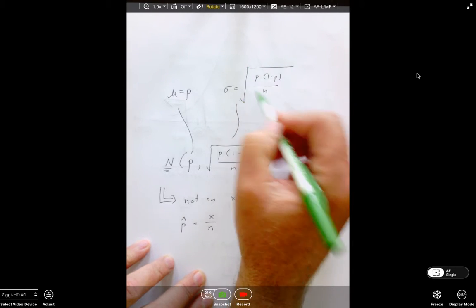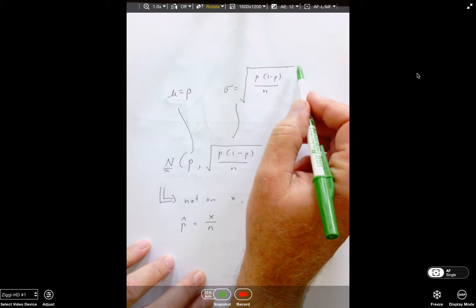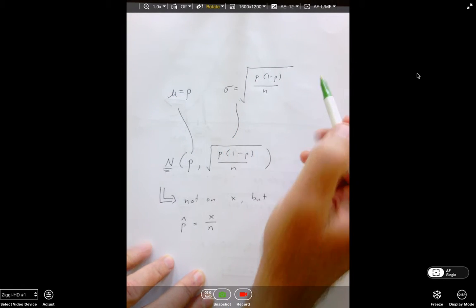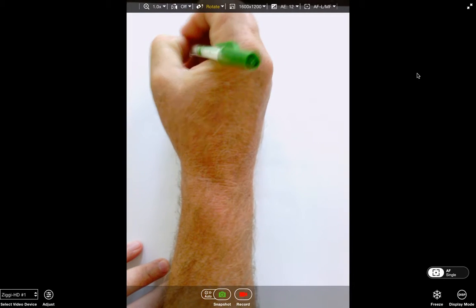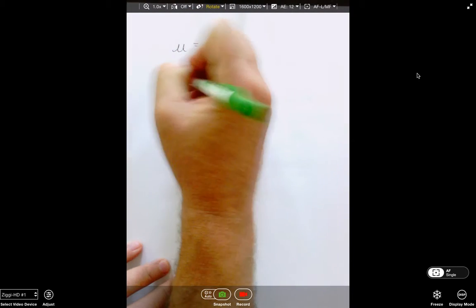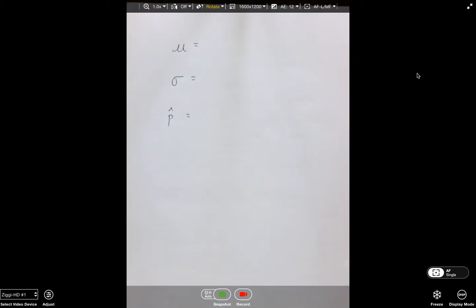This whole expression, entire expression, is affected by the square root. Focus isn't on x, but on p hat. So we need essentially 3 things. We need mu, we need sigma, and we need p hat.